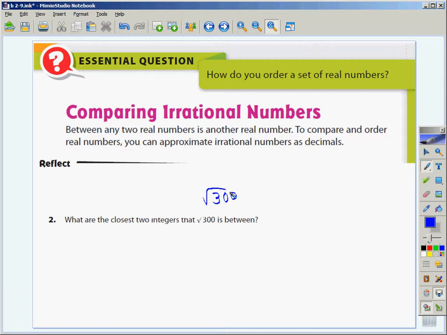Now, I'm not going to start at 1 squared, because 12 squared is what? 144. I'm not near there yet, am I? What's 13 squared? 169. What's 14 squared? 196. What's 15 squared?